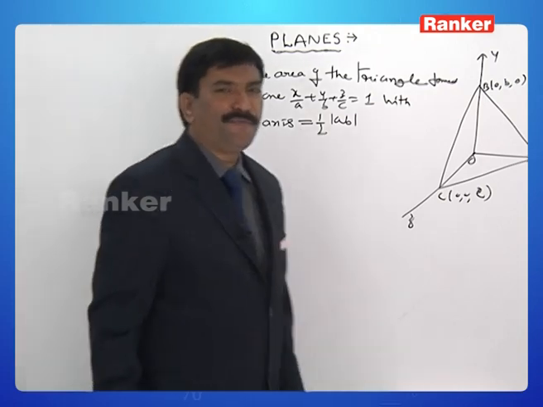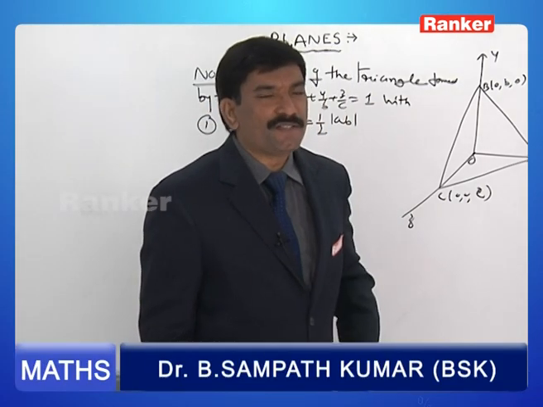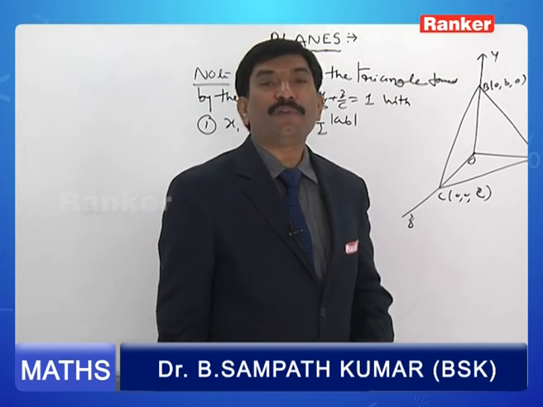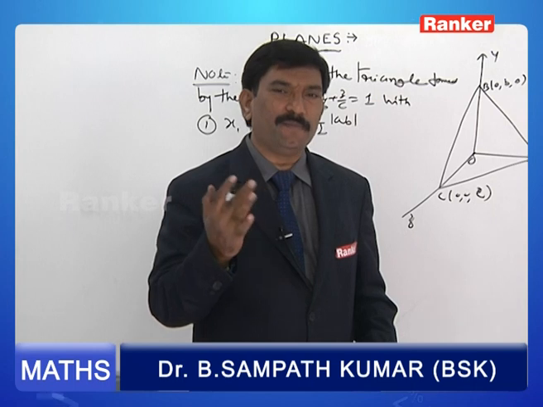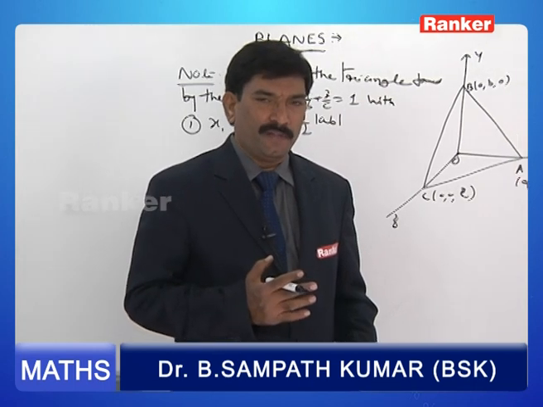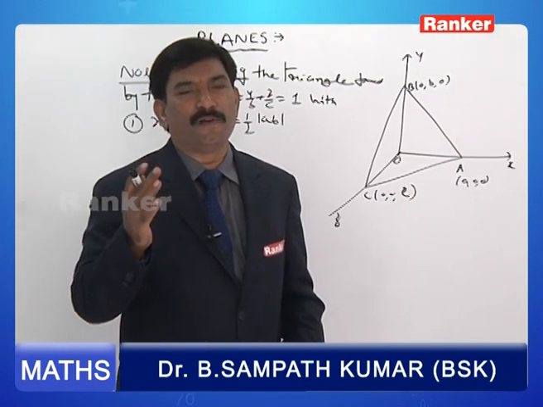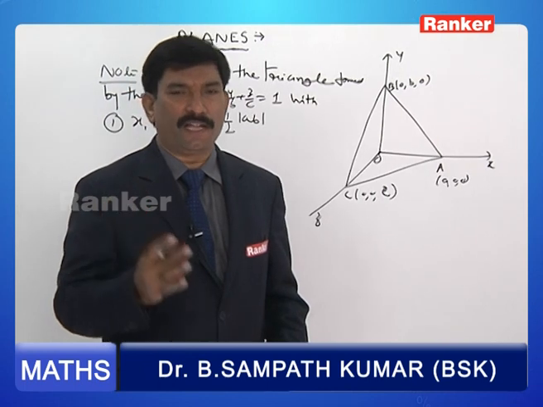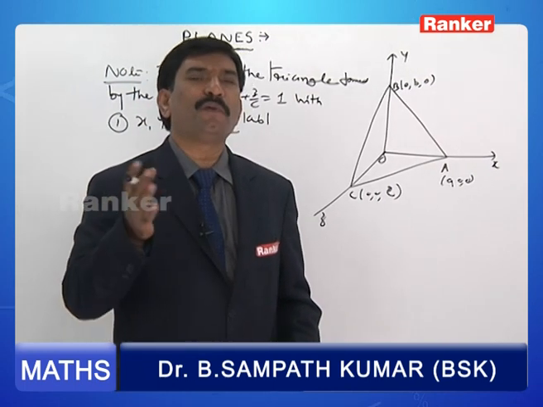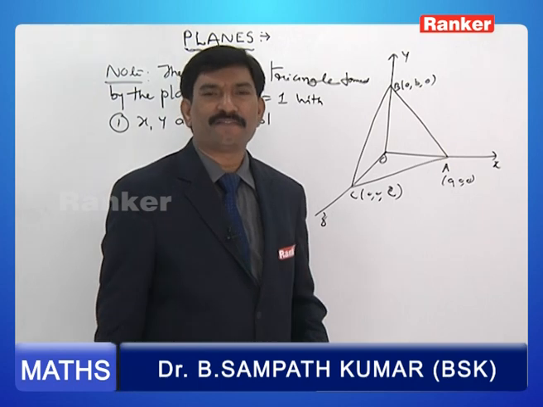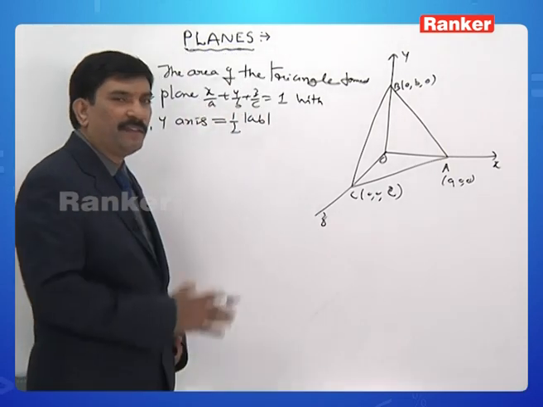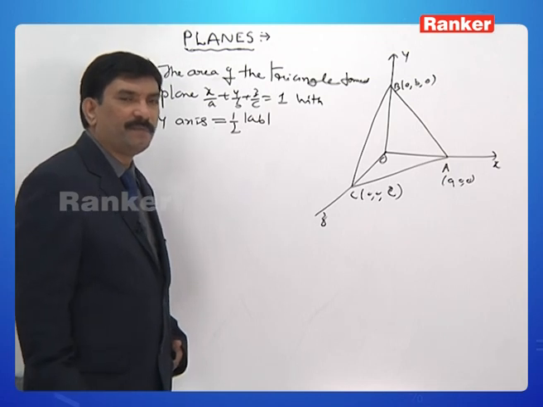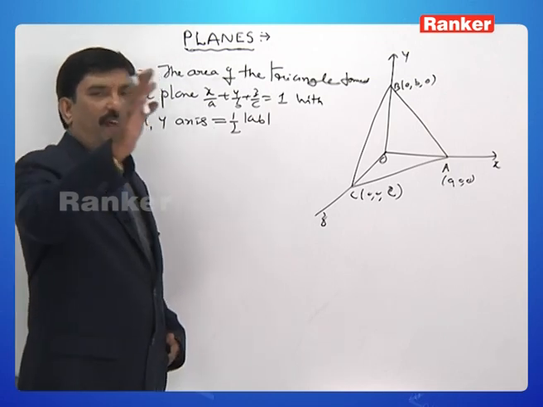We are well familiar in the 2D coordinate system, that is, the equation of a straight line in intercept form is x by A plus y by B is equal to 1. The area of the triangle formed with the line with the coordinate axes is half of modulus of AB. Quite obvious. So therefore, instead of 2D, we are going for the plane x by A plus y by B plus z by C is equal to 1.